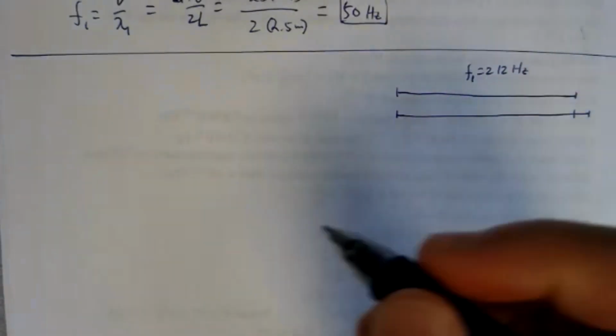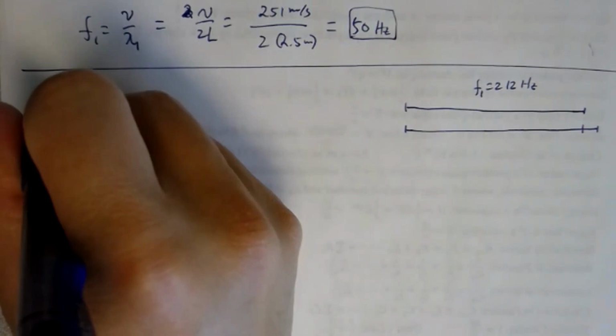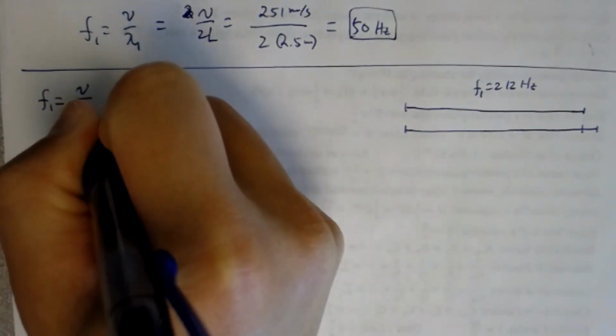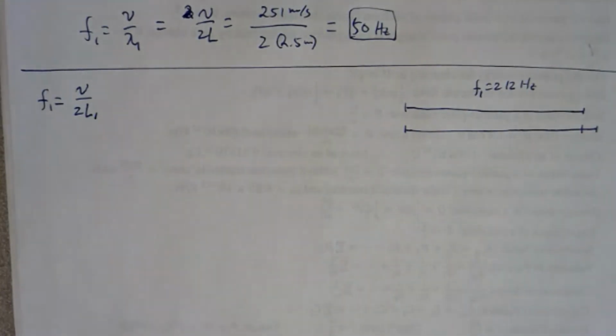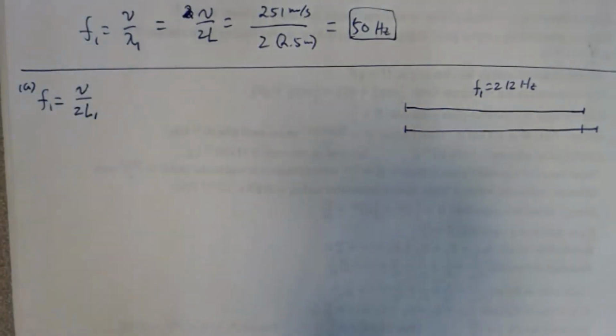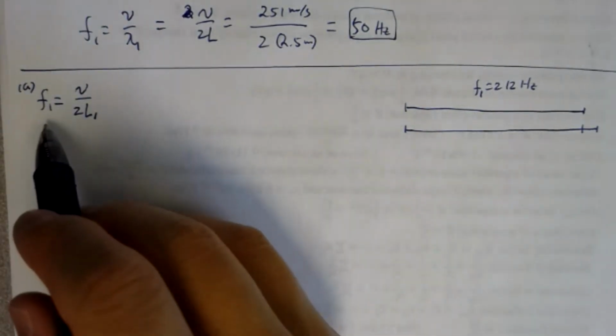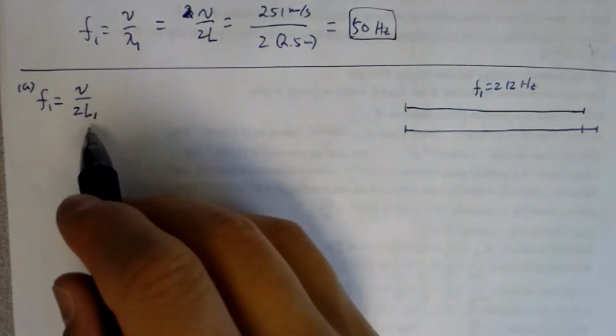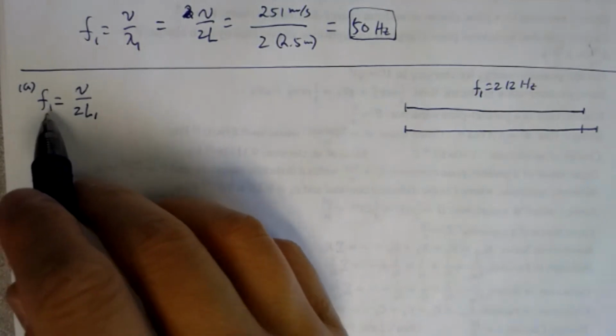According to the equation, the fundamental frequency should be v divided by 2L1 on the shorter one. Now the v is the same on the two strings.